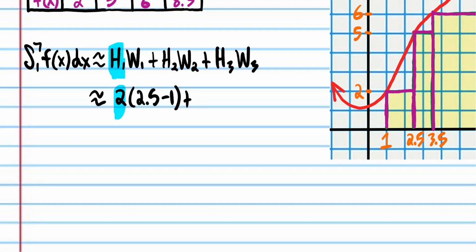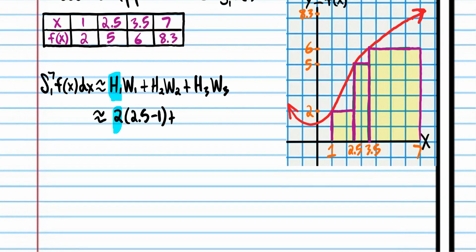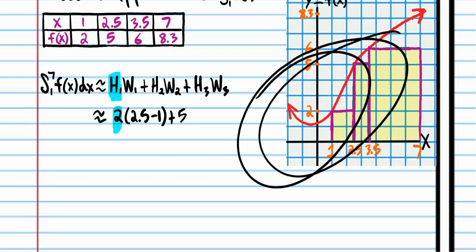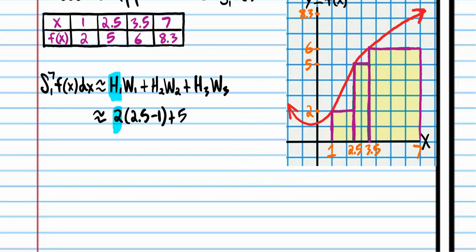Then we're going to add the height of the second rectangle, which is 5. Now again, you're not going to be given this picture. It's so easy to just go over and look at the picture, right? But you're going to need to understand that you're only going to be given the table when we do future problems.